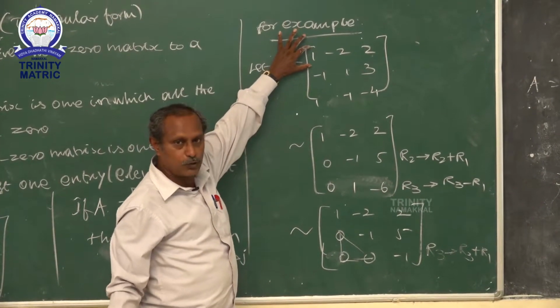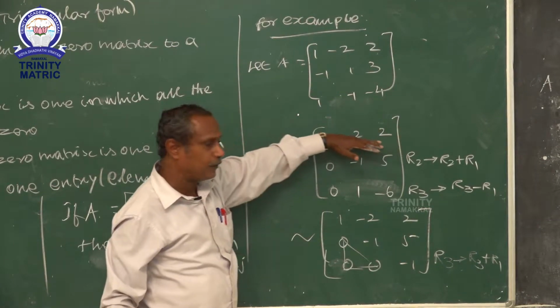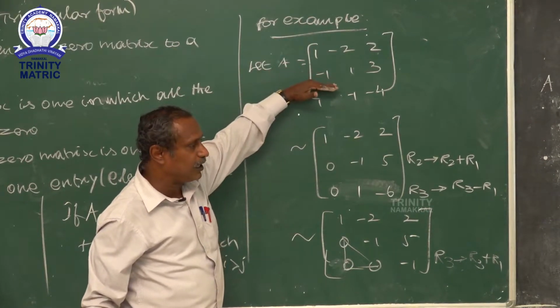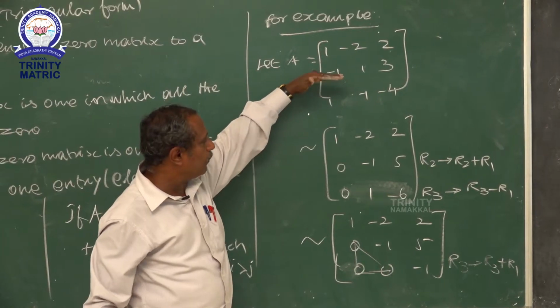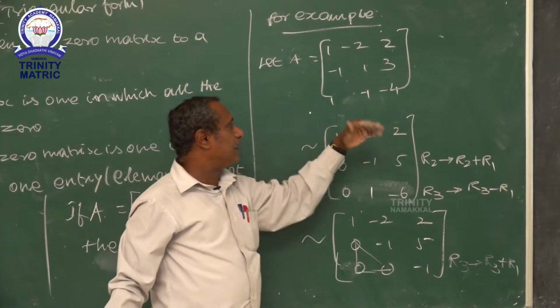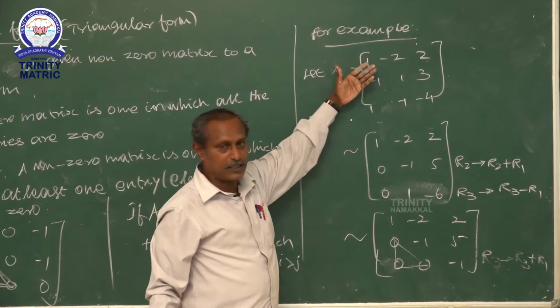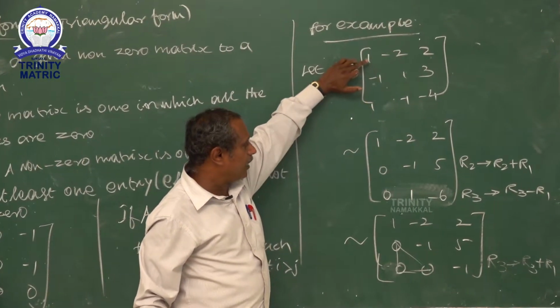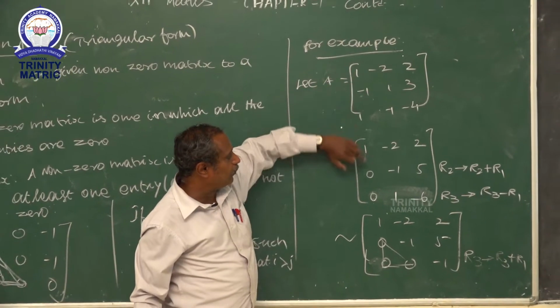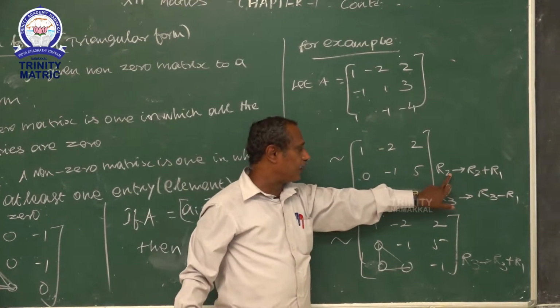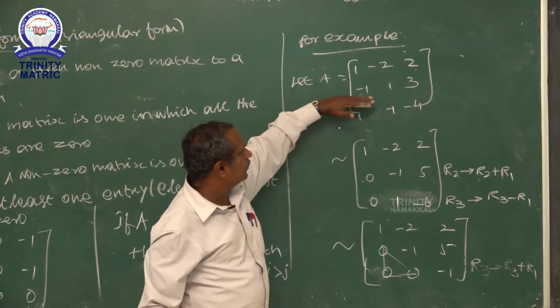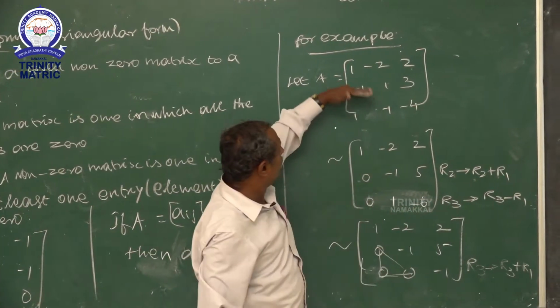Here 1 is already there, so we can write the first row as it is. Now in the second row, the first element we have to make 0. For that we are going to do some operations. Either we multiply some constant with the row, or we can directly add or subtract. Here minus 1 is already there; add it with the first row and the value will become 0. That's why R2 gives R2 plus R1, that means minus 1 plus 1.